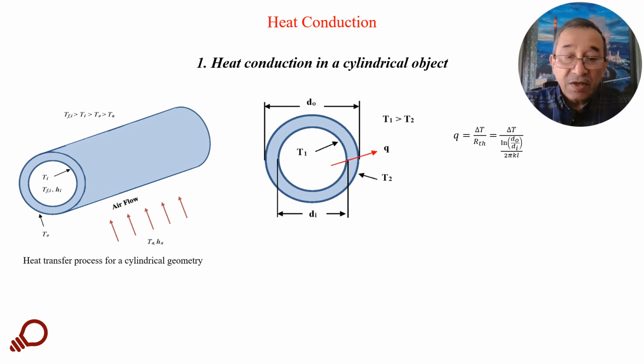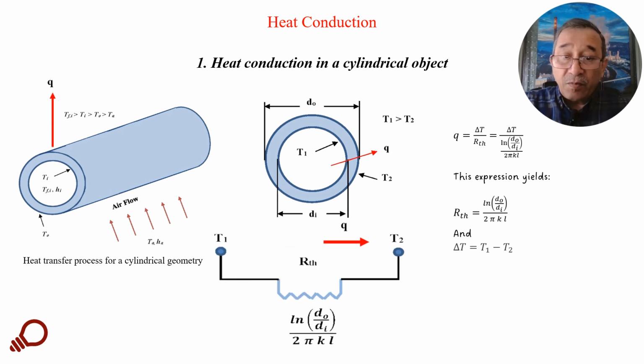And the thermal resistance for the cylindrical object is defined as natural logarithm of d naught by di divided by 2 pi k L, and can be represented in a form analogous to the electrical circuit, as we did when we talked about heat conduction in the plane wall, and the overall temperature difference is equal to T1 minus T2.